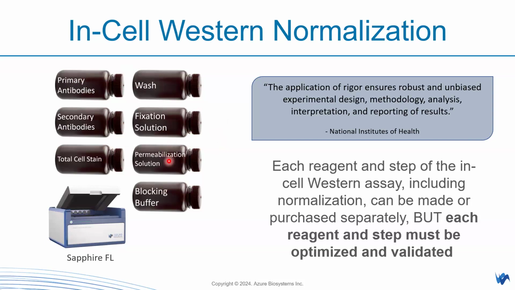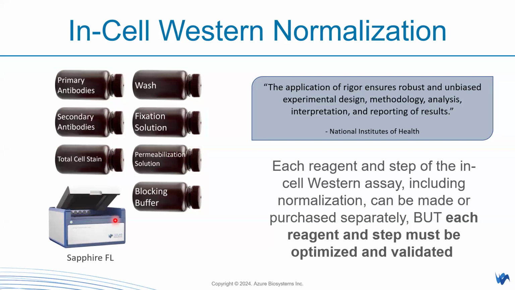But if your protein is not intracellular, and is on the cell surface, then you do not need the permeabilization step, as you will be detecting on the cell surface. The steps are much like the normal Western blot: blocking, primary, secondary, then you wash between the steps.